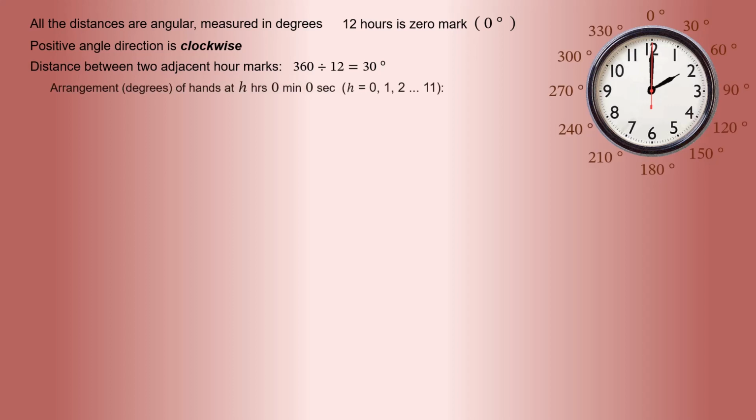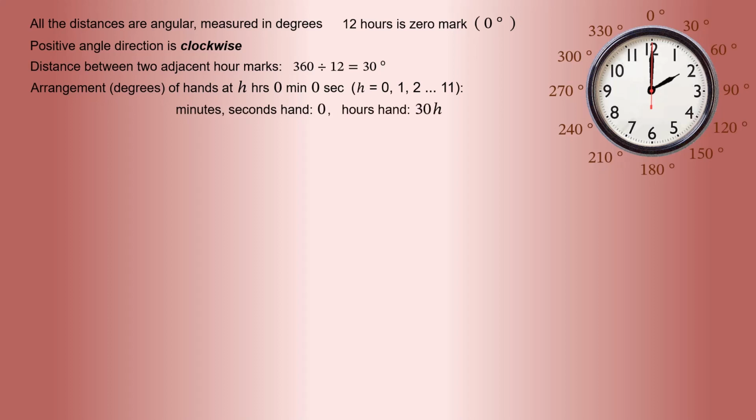Therefore, the arrangement of the hands at start of each hour, meaning h hours, 0 minutes, and 0 seconds, is 0 degrees for the minutes and seconds hands, 30 times h degrees for the hour hand. Here h is the number of whole hours, an integer from 0 up to 11. It makes no sense to consider greater values of h, since after the midday all hands replicate the movement of the first half of the day.